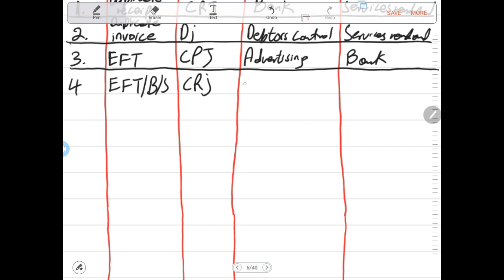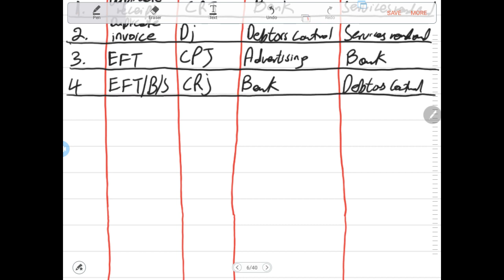And the account to be debited will be bank. We received money. And the account to be credited will be our debtors control, or account receivables. Whichever one you use, they are all correct. So this will be our number 4.